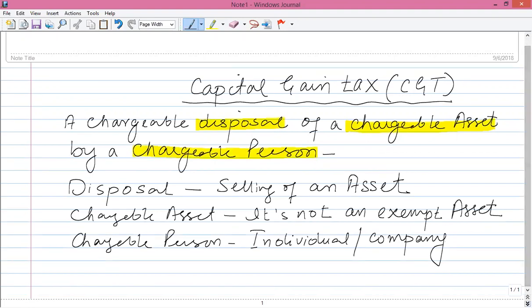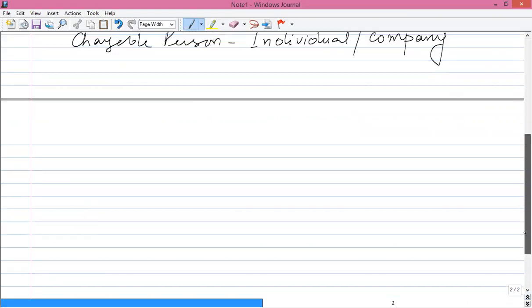Now let's move to the computation of CGT. First of all, let me just give you a format for that. In order to calculate the capital gain tax, first of all, you have to identify the disposal proceed, that is the selling price.